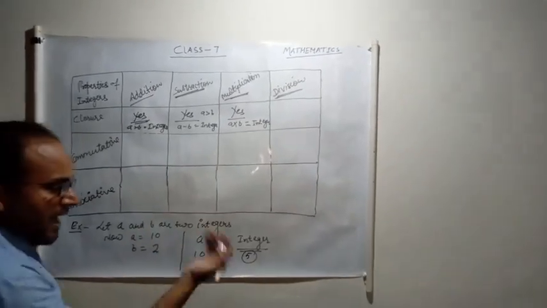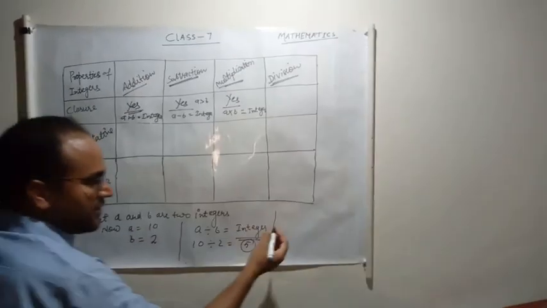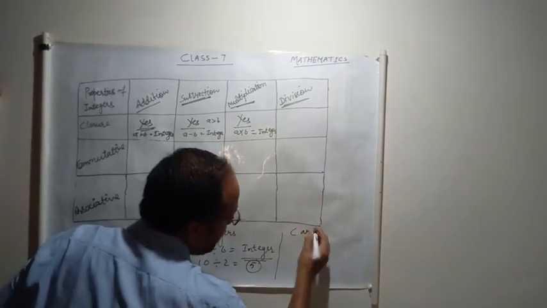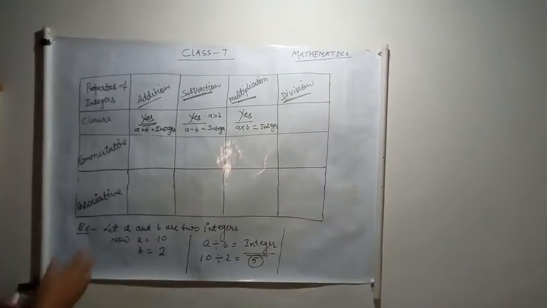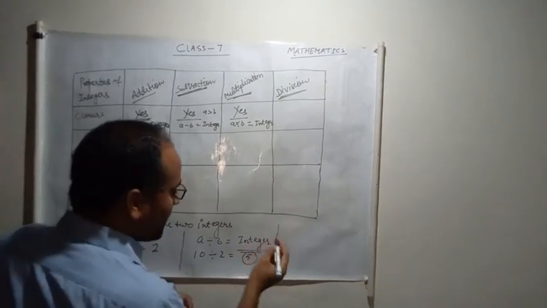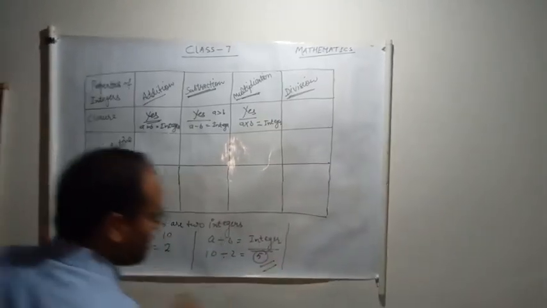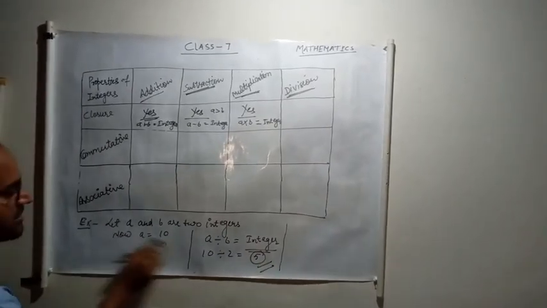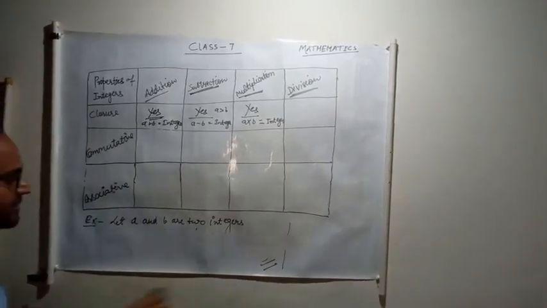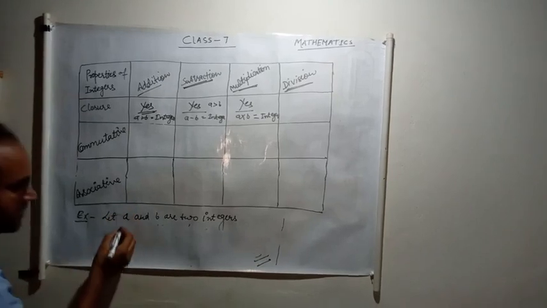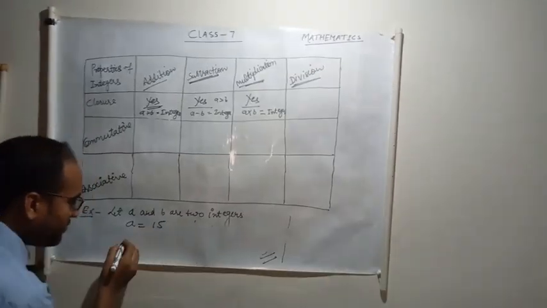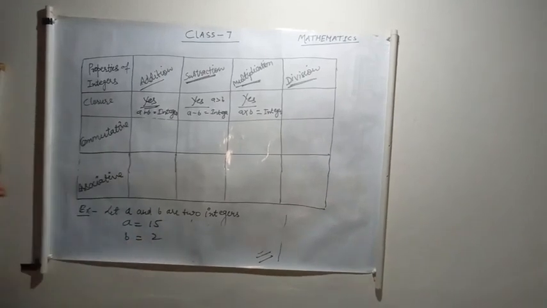In this case you are getting an integer, but you can see that it is not going to hold overall. Suppose I take another example with different values. If a and b are two integers and I take a is equal to 15 and b is equal to 2.